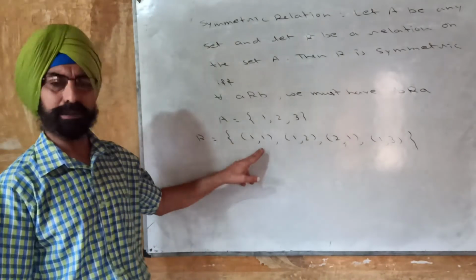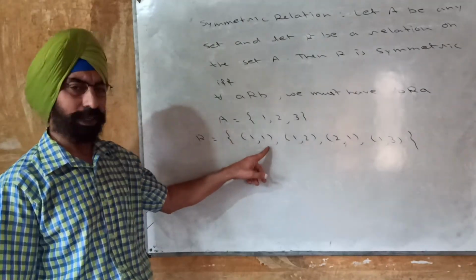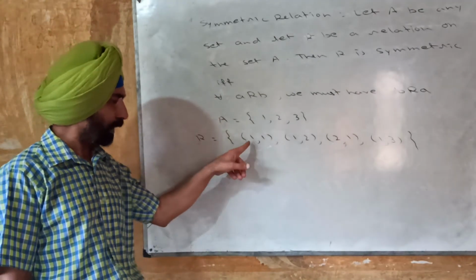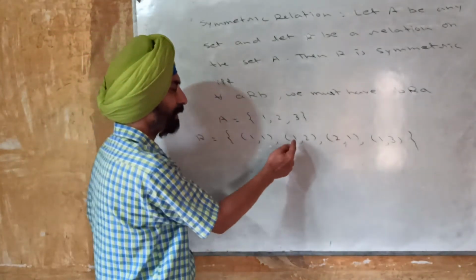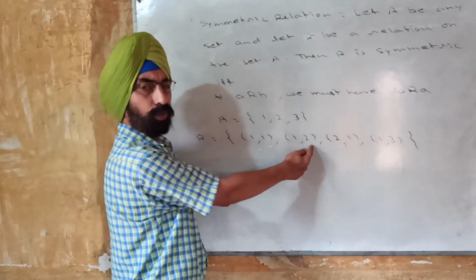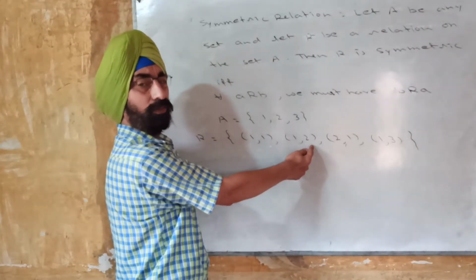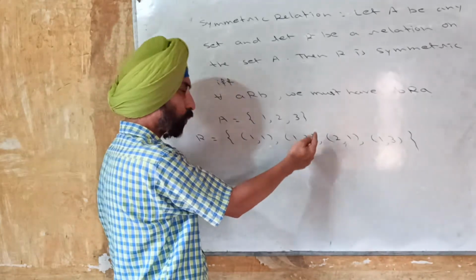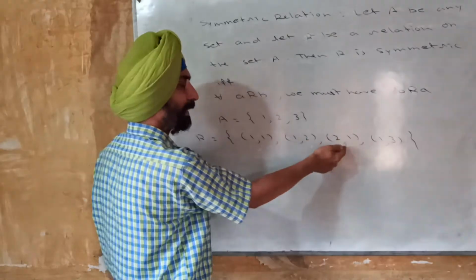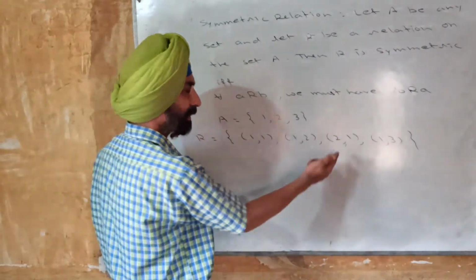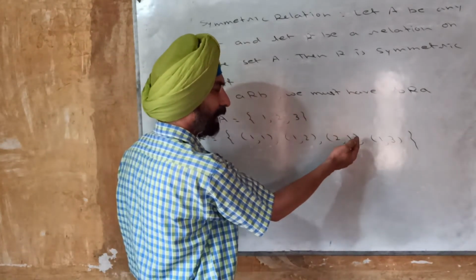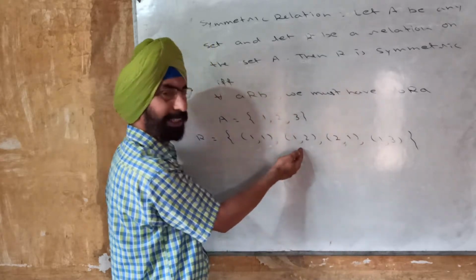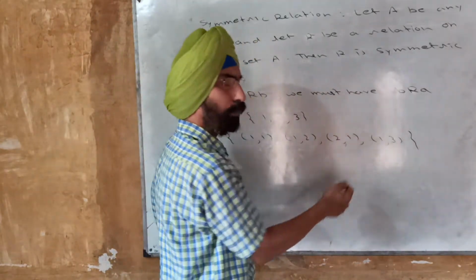So we start with the first member. 1 is related to 1. So this one must also be related to this one, and the same member will work. For the second one, 1 is related to 2. As we want the relation to be symmetric, 2 must also be related to 1, and that is here. And this is vice versa. Vice versa means if 2 is related to 1, then 1 must also be related to 2, and that is here.